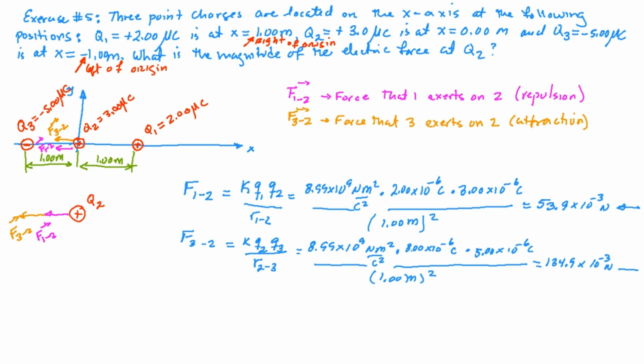So now we know the force that 1 exerts on 2, and we know the force that 3 exerts on 2. Both forces are in the same direction. So the net force, or resultant force, will be the force that 1 exerts on 2 plus the force that 3 exerts on 2.